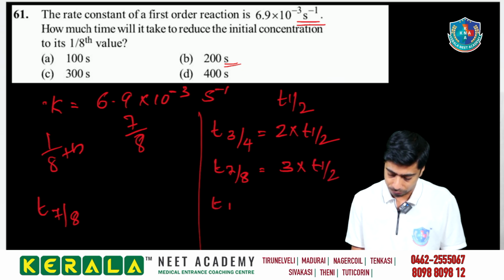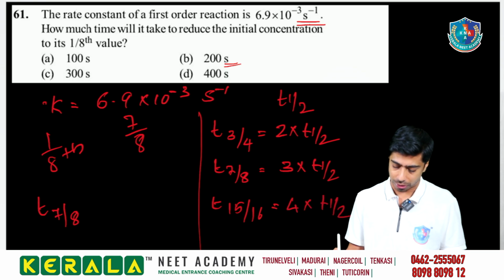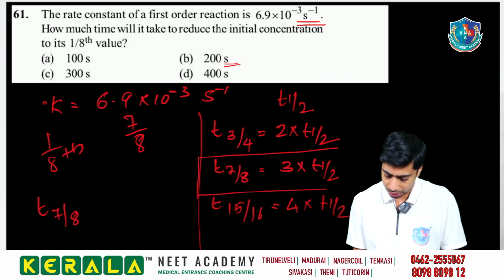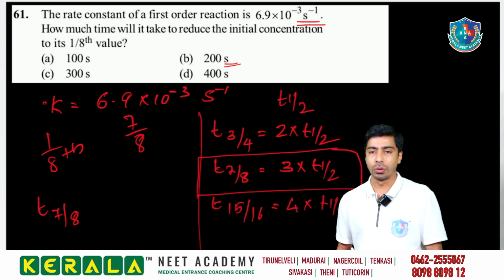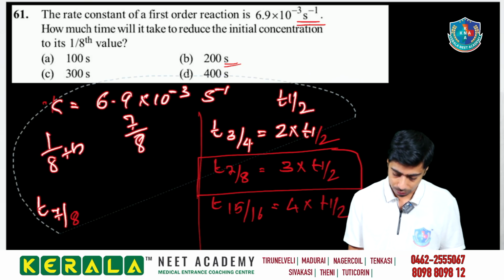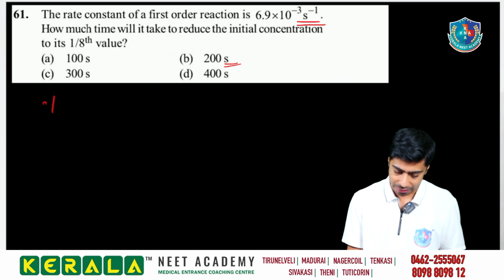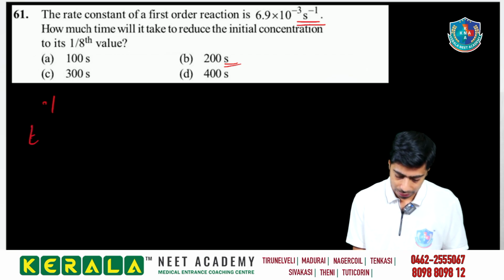Then T 15/16, so 16 means it is 2 raised to 4, so 4 into T half, and so on. So here we will be applying the formula T 7/8 is equal to 3 into T half. So we need to calculate the T half value first. So our answer is T 7/8 is equal to 3 into T 1/2.